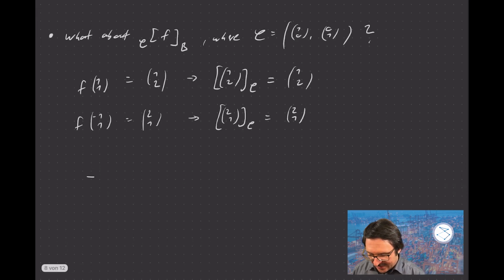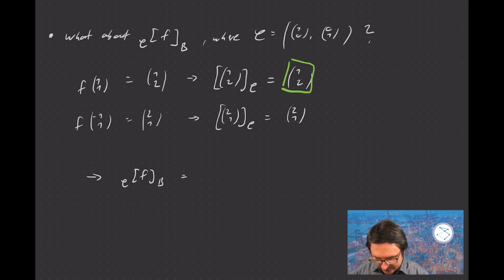So what do we get? The matrix representing F with respect to B and C is the matrix composed of these two columns: (1, 2) and (2, 1).